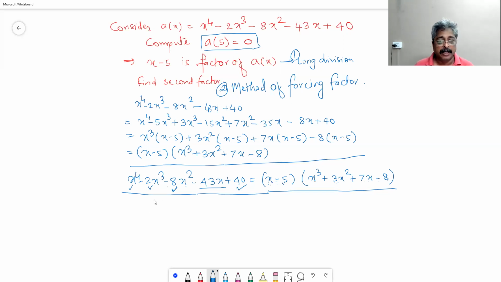Okay, maybe I will modify it a little bit. x raised to 5 plus 6x4 plus 4x cube minus 2x square plus 5x minus 40.